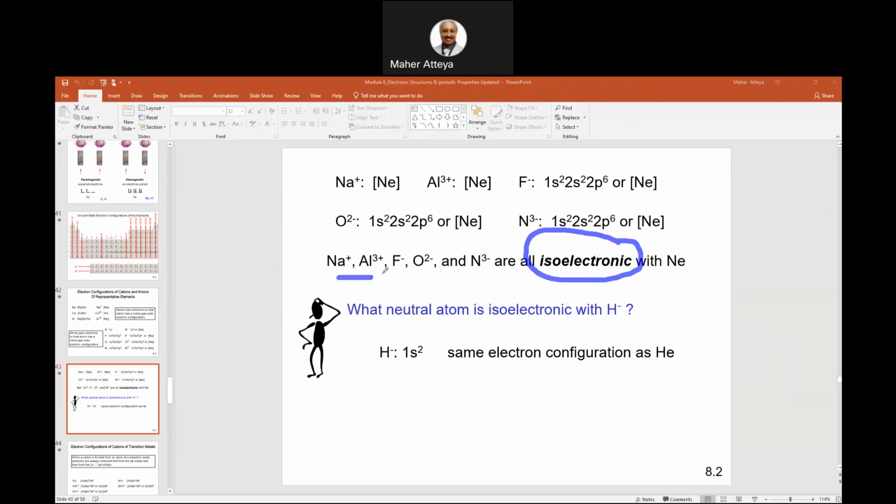Sodium. Isoelectronic. Hydrogen, hydride negative.